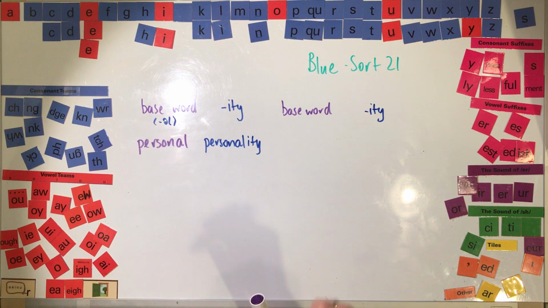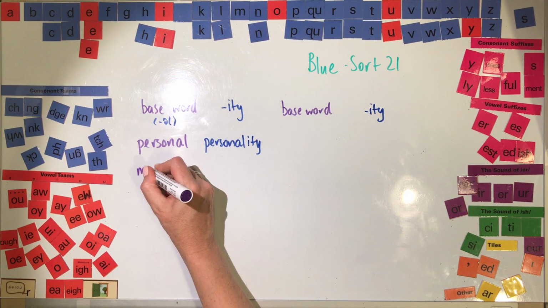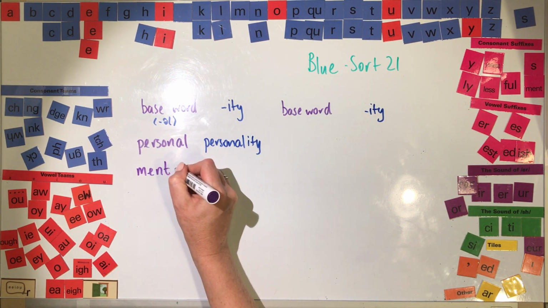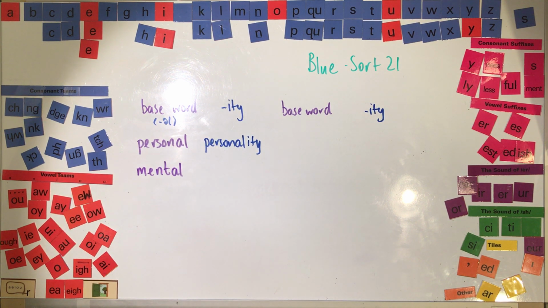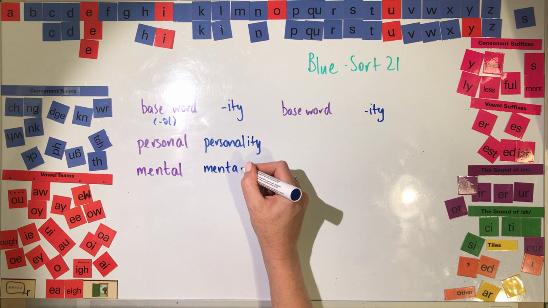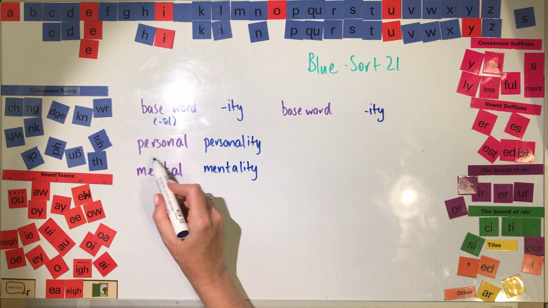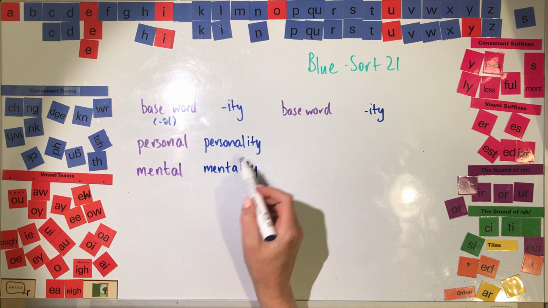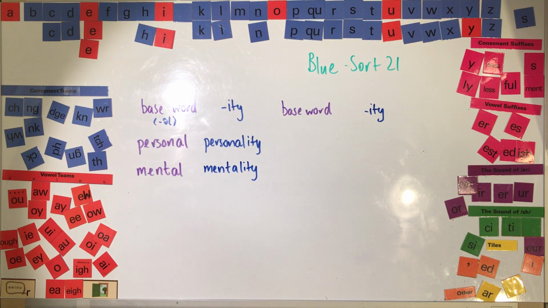So it changes the pronunciation, but the spelling is the same. Remember, that's been a bit of a theme we've had going. So we've got mental, and then we've got mentality. So that's done exactly the same pattern as personal, mental, personality, mentality.